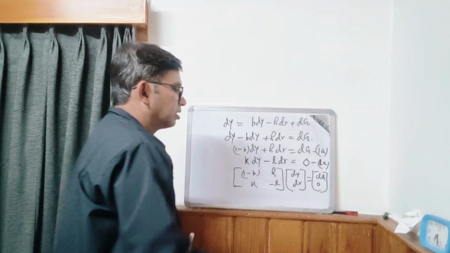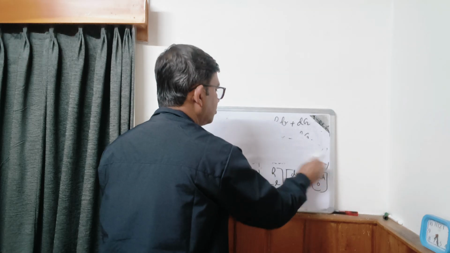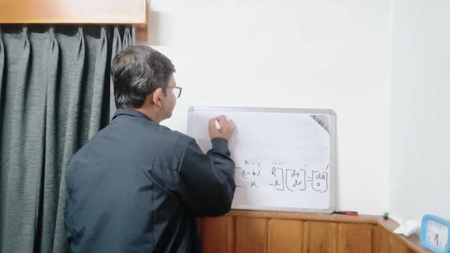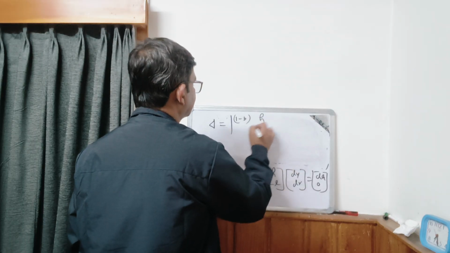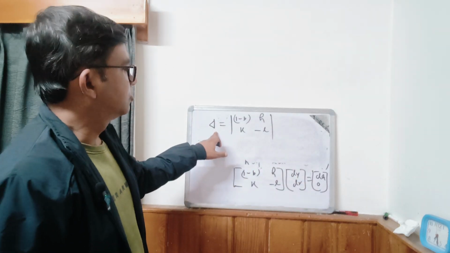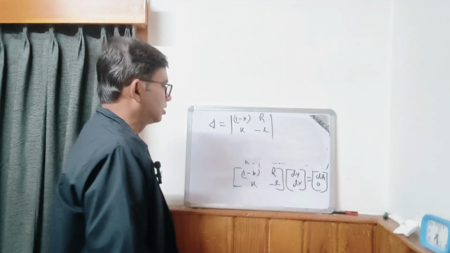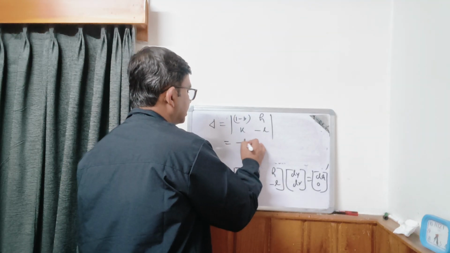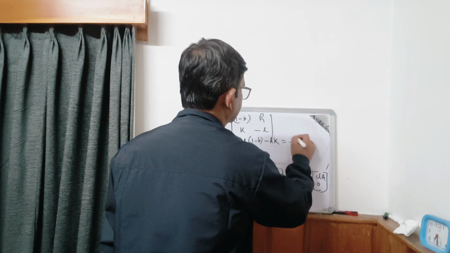Now, whether Cramer's rule can be applied or not, we have to check that the determinant of the coefficient matrix should be non-zero. So if we say delta, if delta is non-zero, we can apply Cramer's rule to solve the values of dY and dR. Here it equals minus L into (1 minus b) minus h into k.